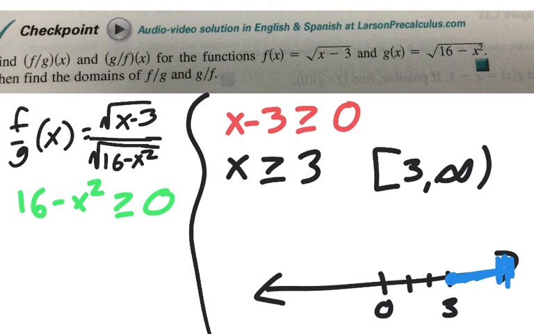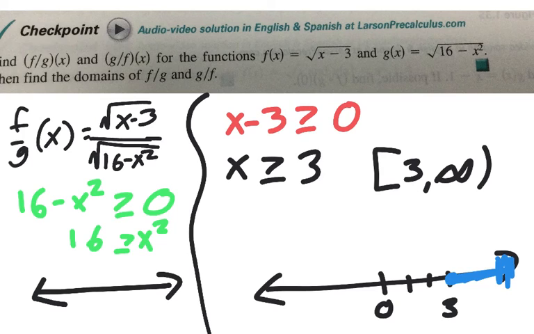All right, now when I solve the green one, again, I get x squared is less than or equal to 16. When I take a square root, I get plus or minus 4. All right, so again, that kind of breaks it. So what we have to think about are endpoints.